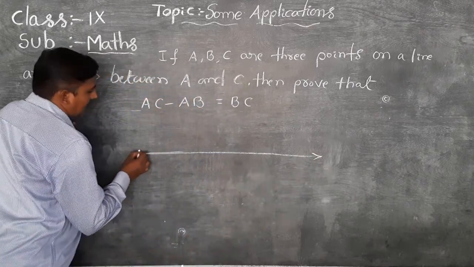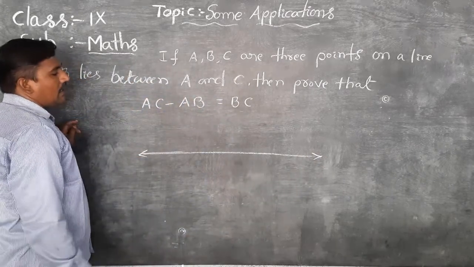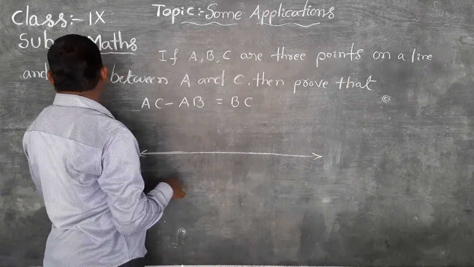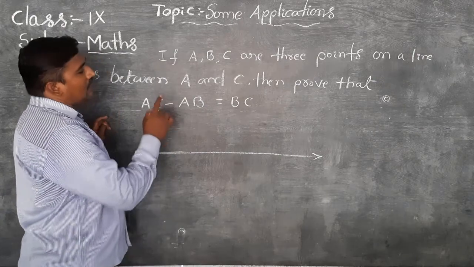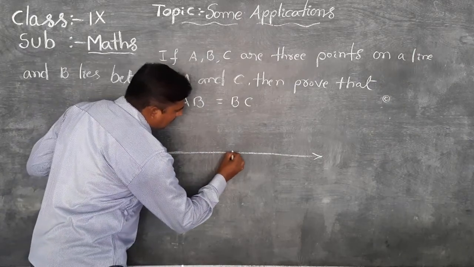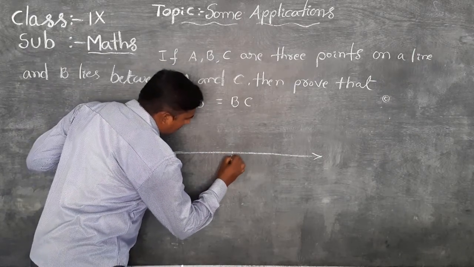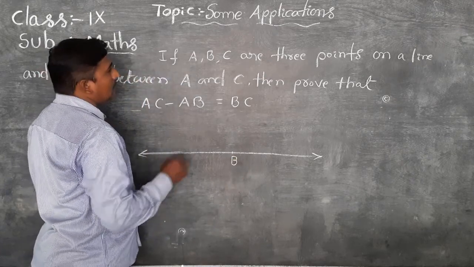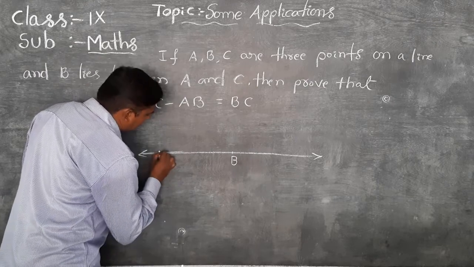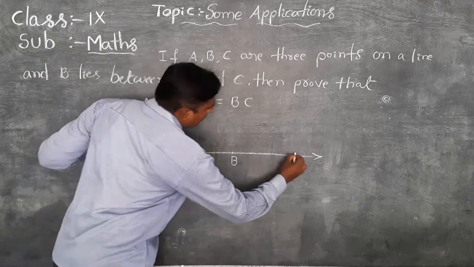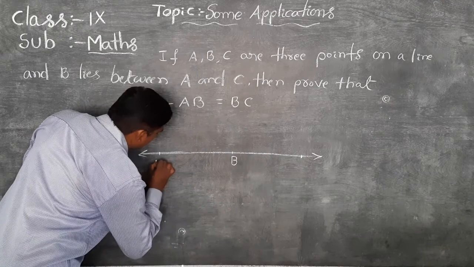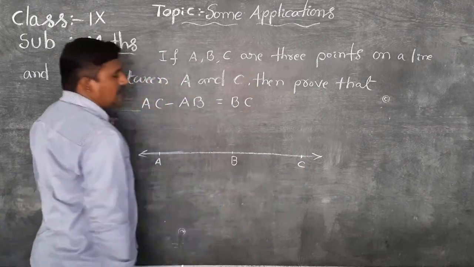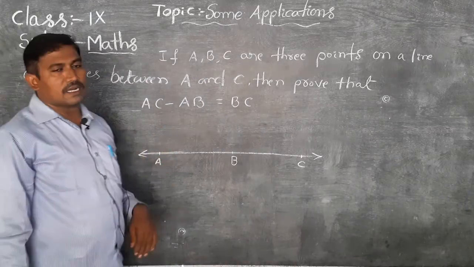Here A, B, C are 3 points on a line and B lies between A and C. B is here in the middle, between the points A and C. So A and C are corner points, B is in the middle.